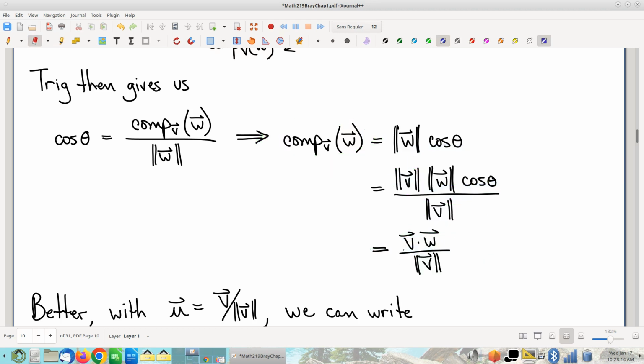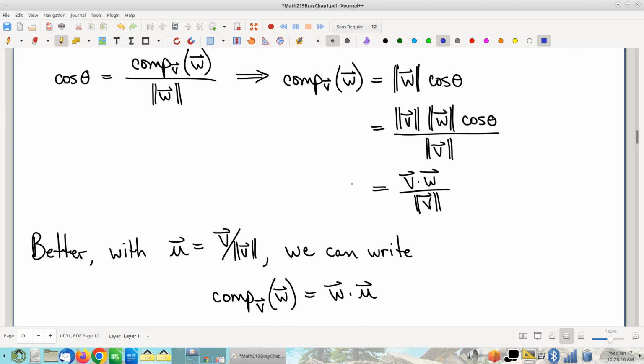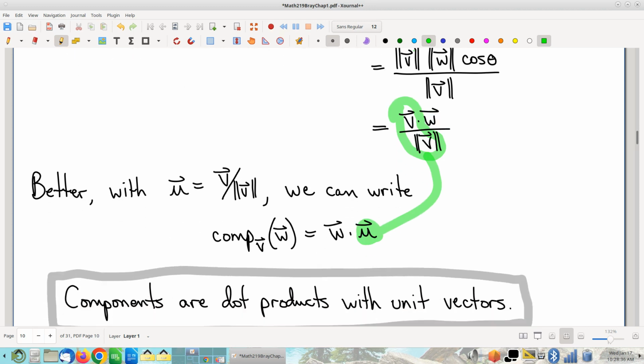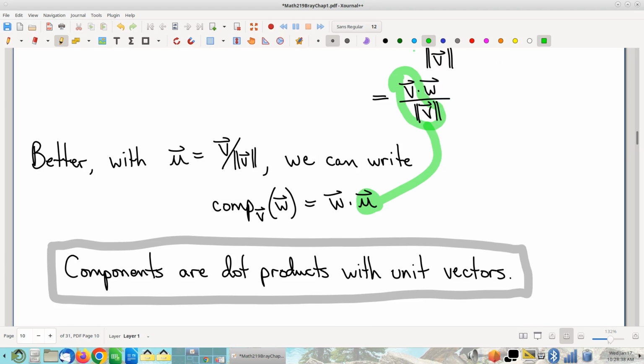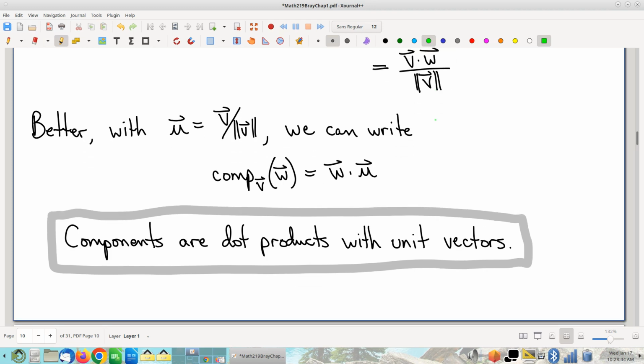Here is another take, though, on that same formula, and that is, notice that right here we have V divided by the magnitude of V. That, of course, is the unit vector pointing in the same direction. And if you rewrite this formula with that in that place, then you get this really handy, I'm going to say alternative formula, but really better, really handy interpretation of dot products, frankly.